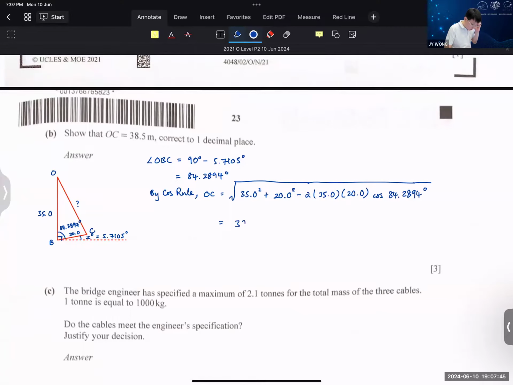It will give you 38.545 in 5SF, which will be 38.5 meters in 3SF. Shown.